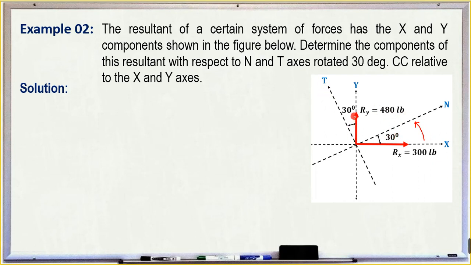Now we are going to resolve the given forces Ry and Rx with respect to this new axis. So how are we going to do that? Here we can apply force resolution, meaning we take projections. So let's start with Ry.